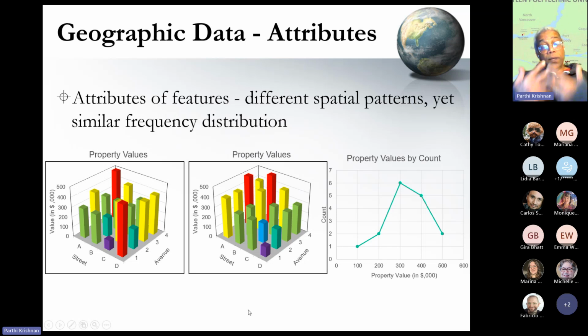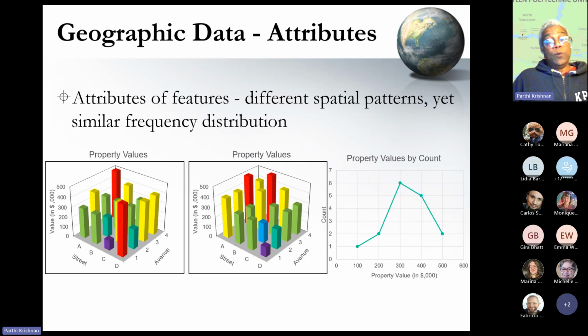So what I'm trying to highlight through these two slides, the previous one and this, is to remind people that traditional statistics oftentimes have some challenges when we have to deal with geographic data. And hence, please remember that the same frequency distribution can show very different distributions and patterns of spatial data.